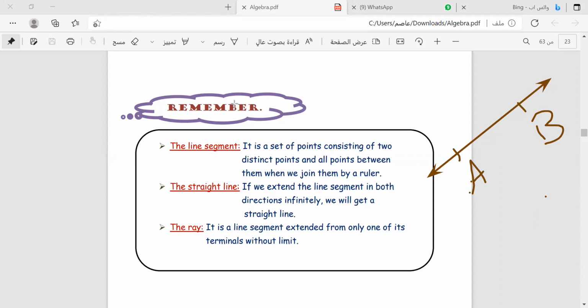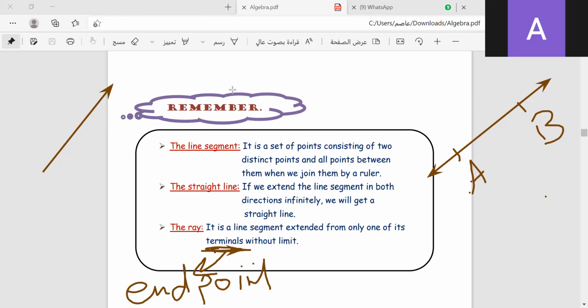The third important shape is called ray. Ray, like that. That's called ray. Its line segment extends from only one of its terminals. Terminals means ending point. يعني ممكن نقول كلمة terminals دي mean end points. Without limit.